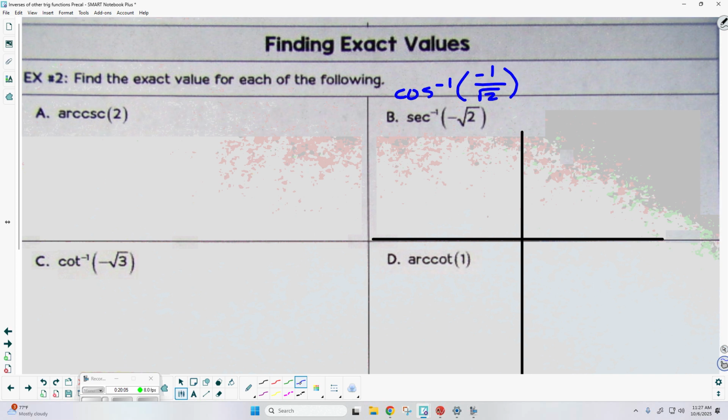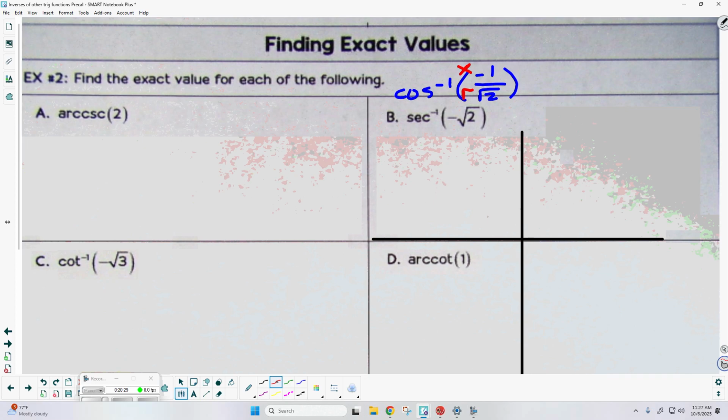This is one of those rare occasions you don't have to rationalize. I can say that the x value is -1 and the hypotenuse is √2, and I'm going to get the right answer. If you want to rationalize, you're still going to get the right answer. It is up to you. Does anybody want me to change it or leave it as is?